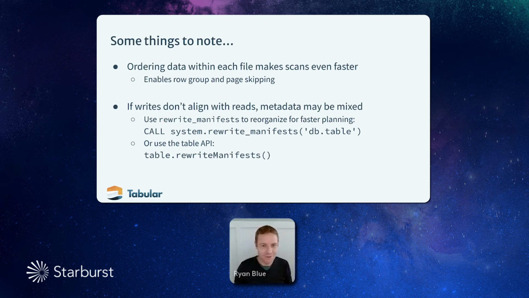And we could further skip data files. And the same thing goes for row group or page level skipping within data files. So clustering your data is going to make scans even faster, and Iceberg is going to be able to take advantage of that clustering across files.